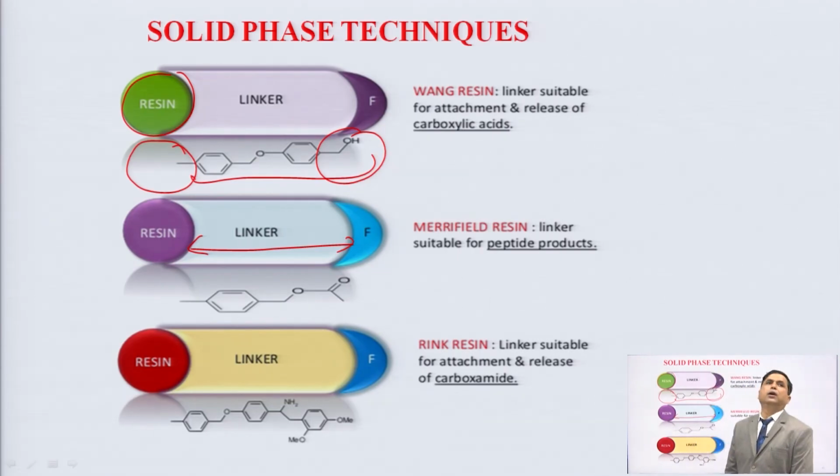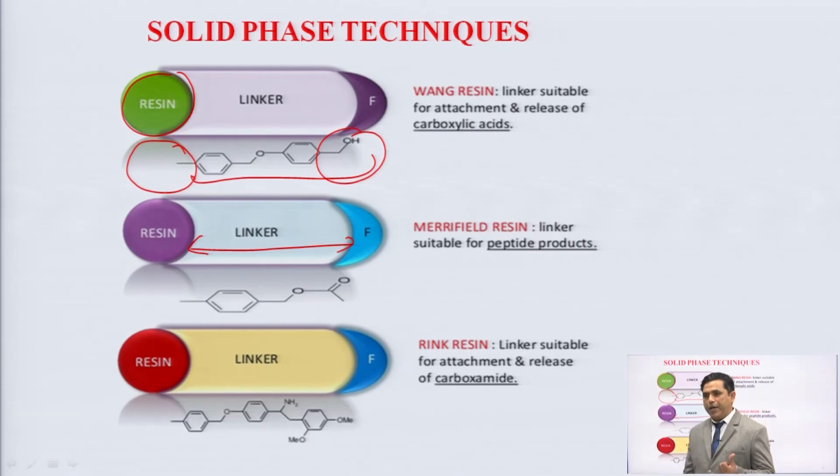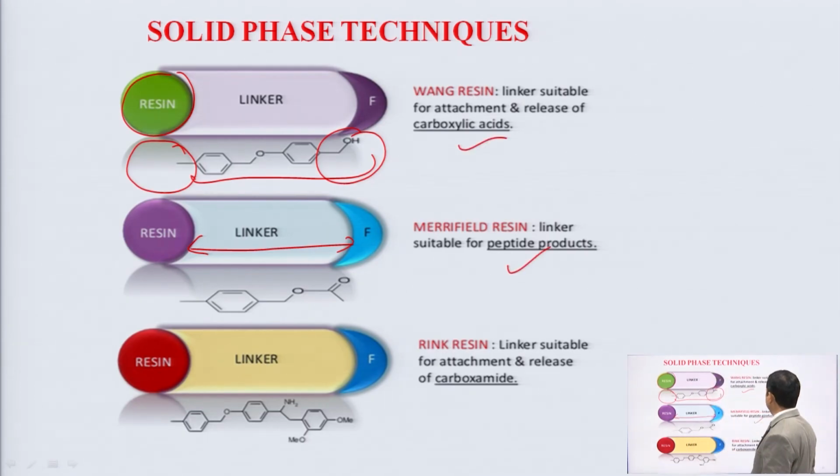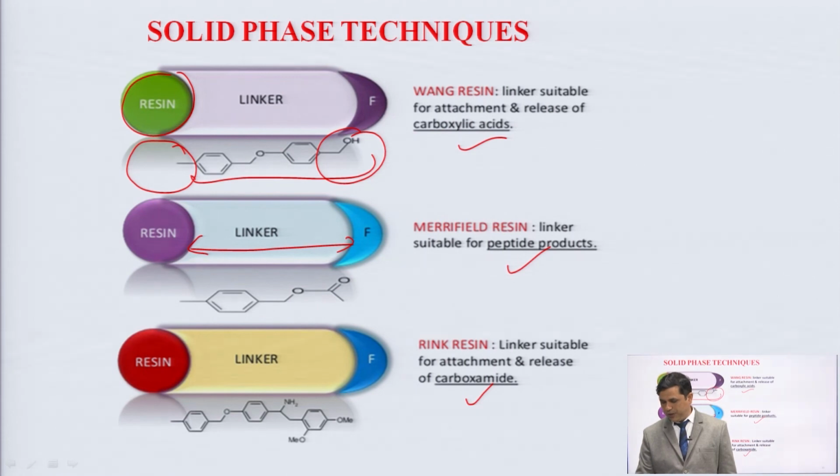So, we can use different types of resin for different types of reaction: the carboxylic acid is different, the peptide product is different, the carboxamide is different, so the solid support is different.